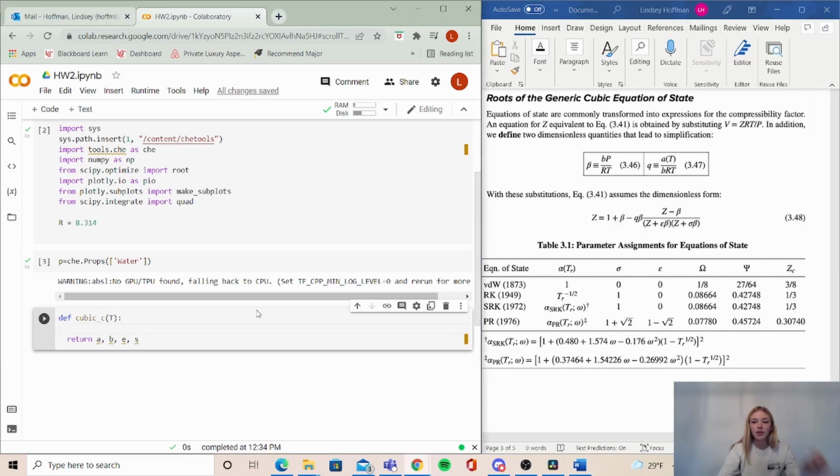So we can go ahead and put in some of those values, and we're specifically looking at our SRK section here. So that's going to be along this line. So we can define sigma, which is our S. It's going to be equal to 1.